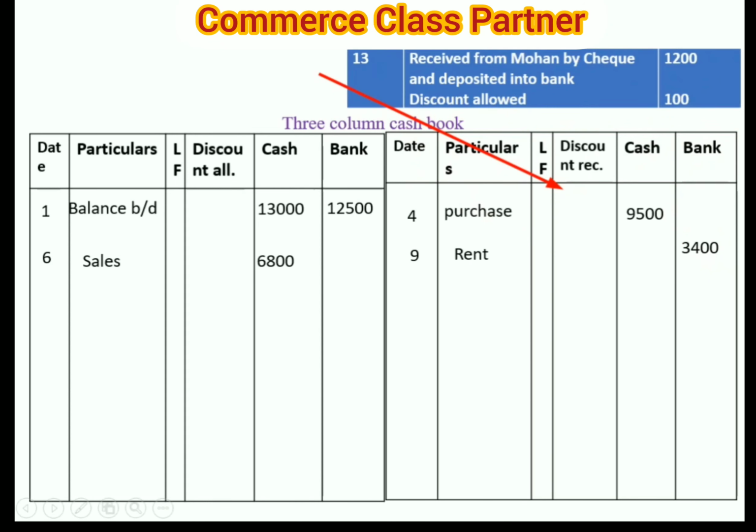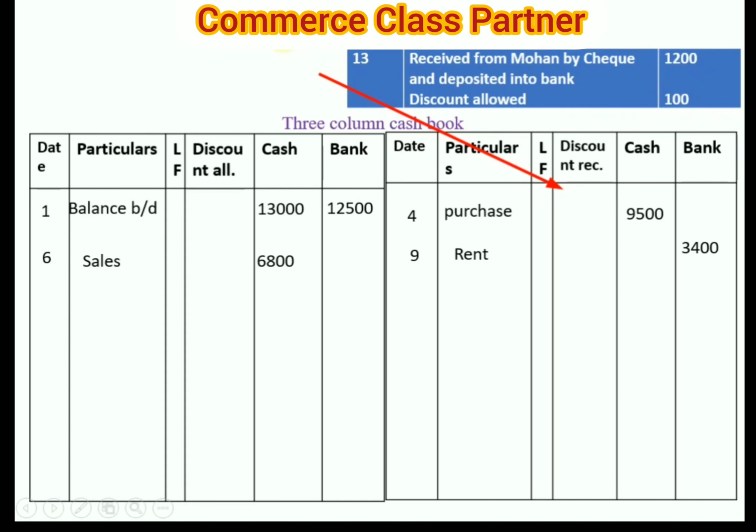So next transaction is received from Mohan by check and deposited into bank. Discount allowed 100. We have received a check from Mohan for rupees 1,200, and on the same day the check has been deposited in the bank.